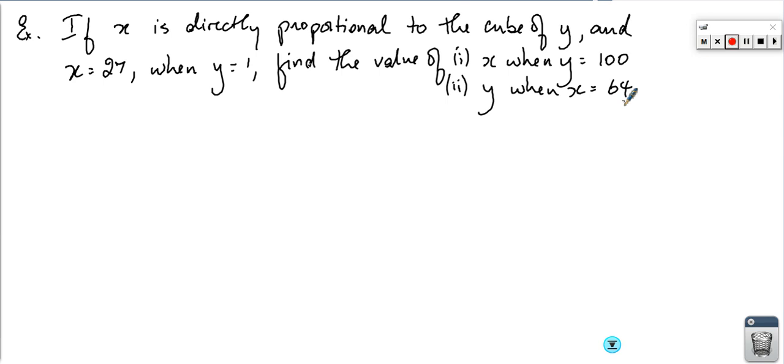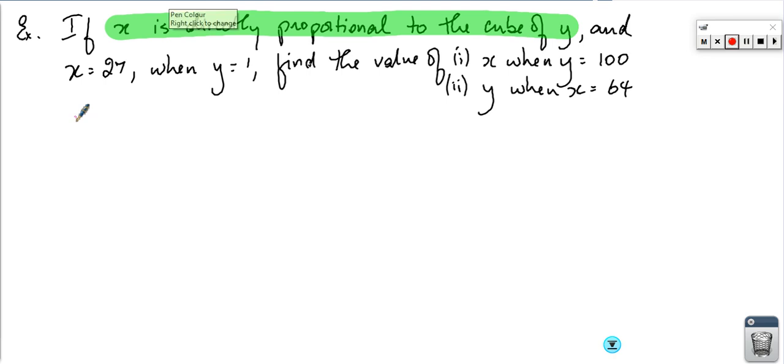I'm going to start by describing that x is directly proportional to the cube of y. So x equals k y cubed. That is the relationship between x and y.